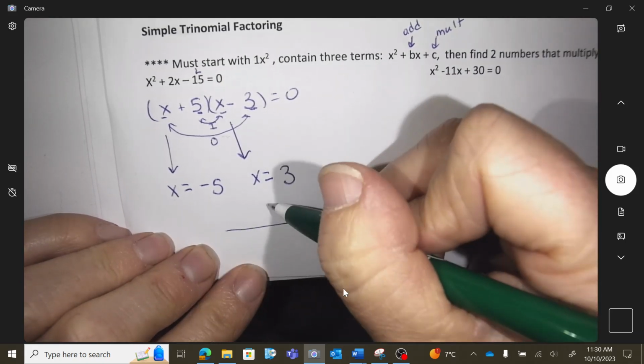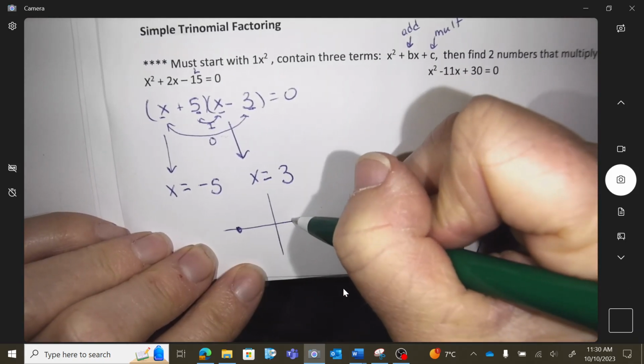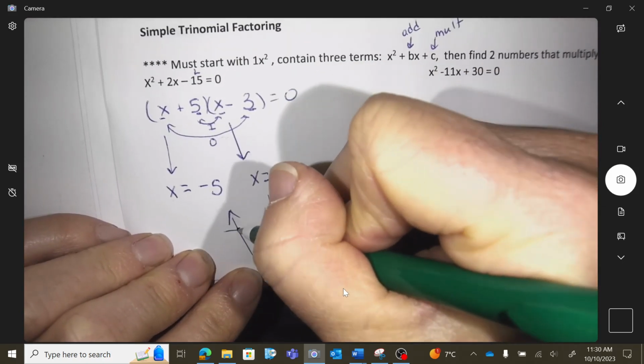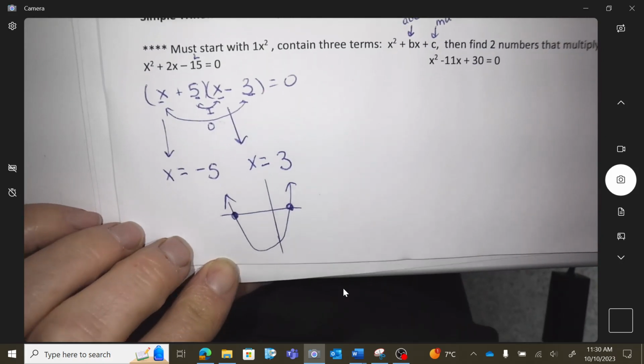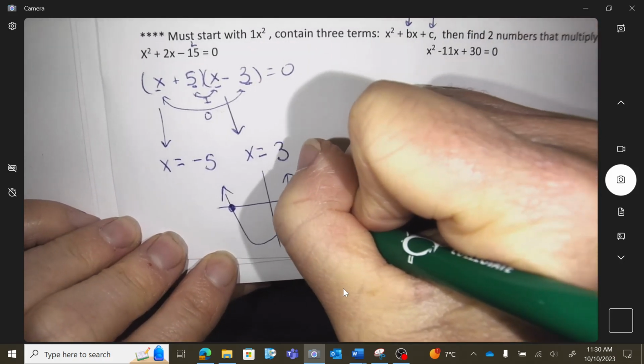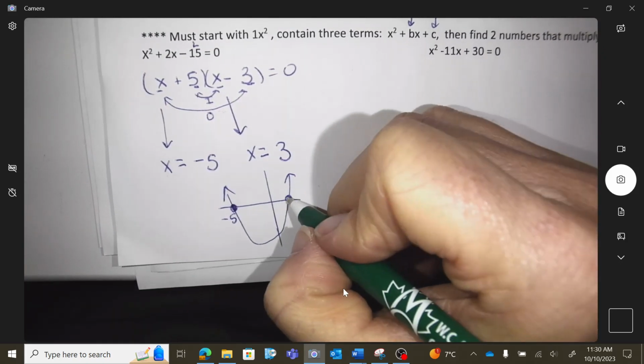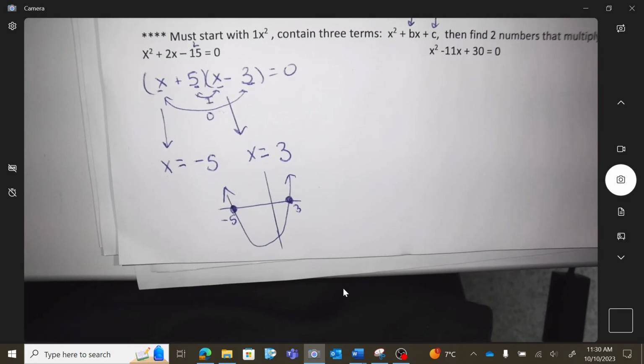So what is this all about again? It's telling me the intercepts of my parabola. Where does the height equal 0? That's what it's doing.